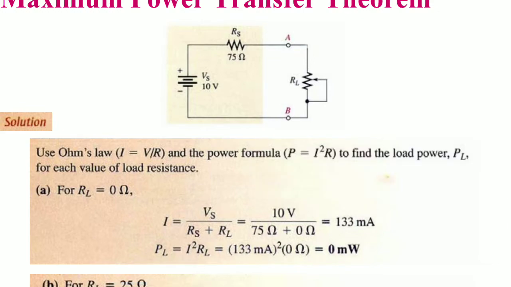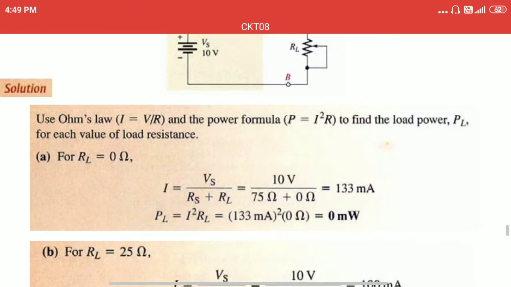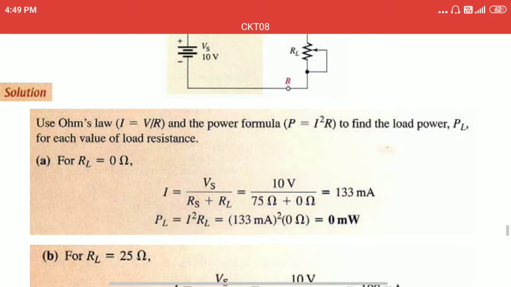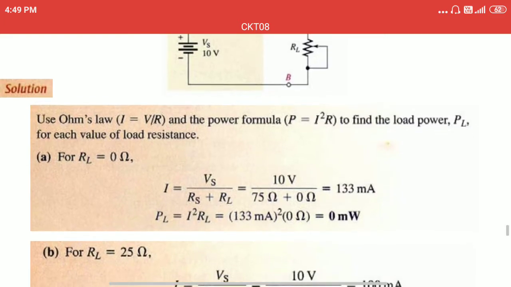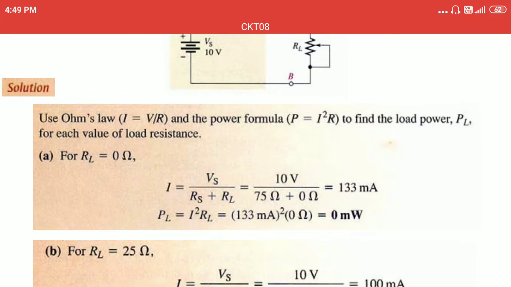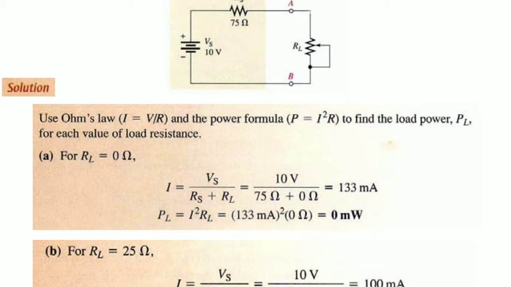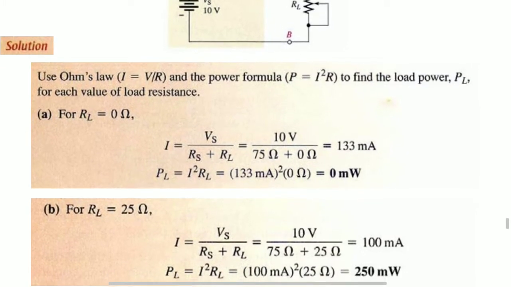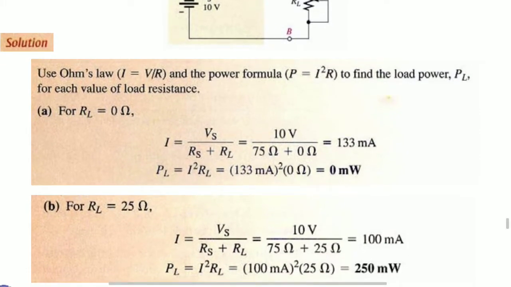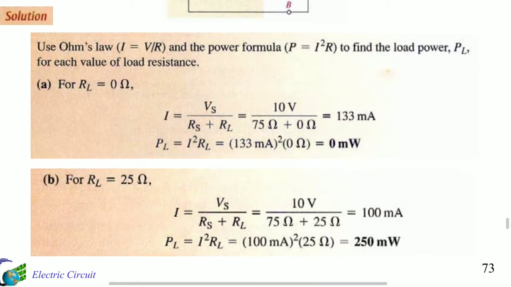Power across the load PL is equal to I square RL, so 133 milliamps whole square into 0 gives 0 milliwatts. So for load 0 resistance, the load power is 0, and then we go for another load resistance value.